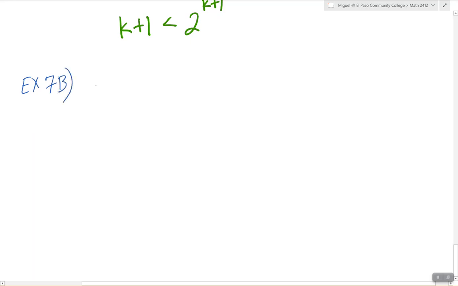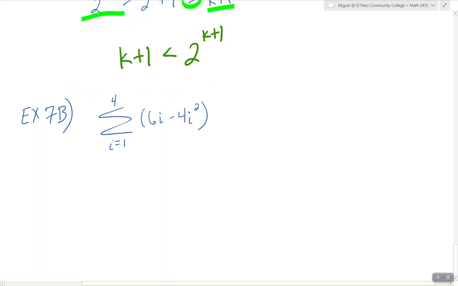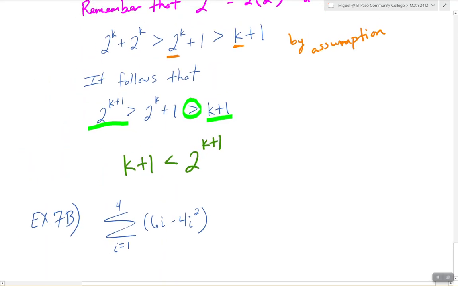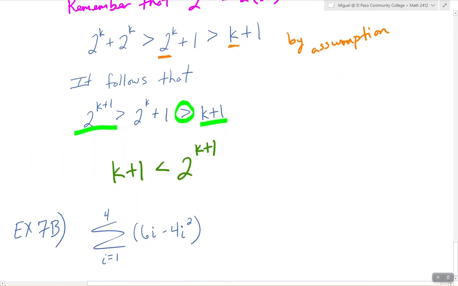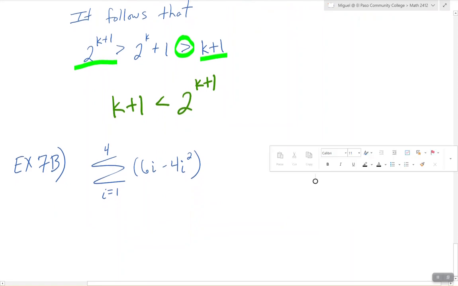So the sum here that we're doing is a summation from index 1 to 4 of this expression. And not a difficult one, but it's just an example to show you how we would use those formulas for larger ones.